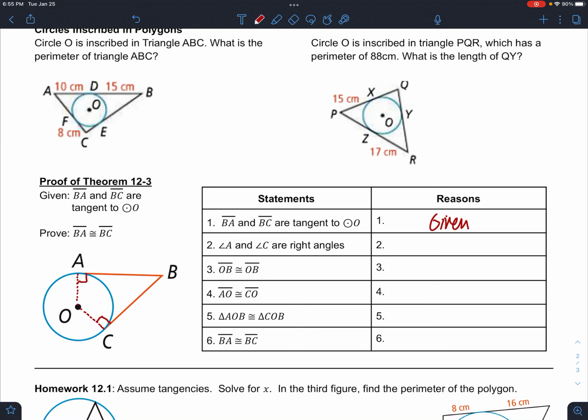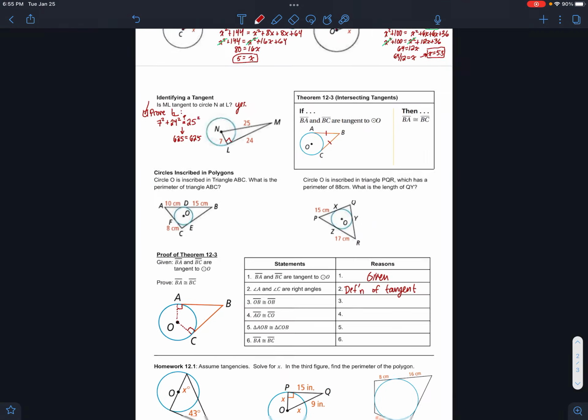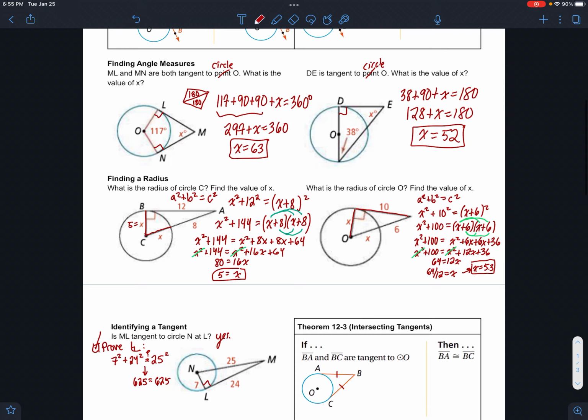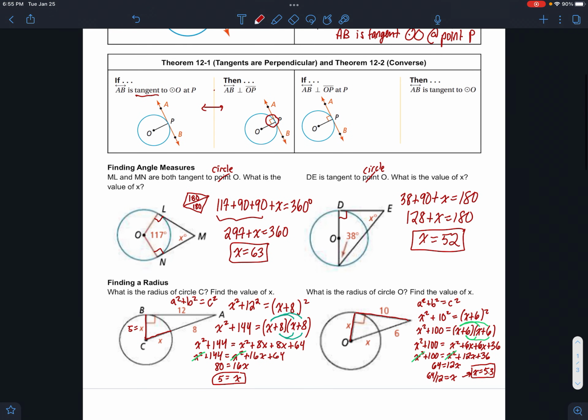Now, why would they believe this? Well, the only thing we have to go off of is the word tangent, right? So I would call this the definition of tangent. You could also cite the theorem, which would be this one right here.